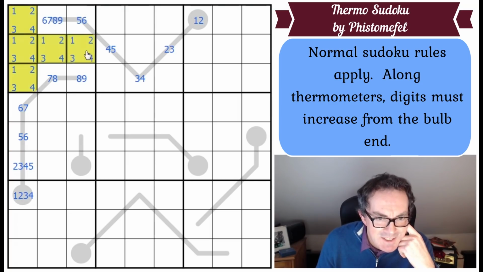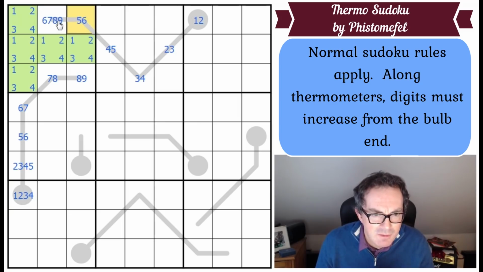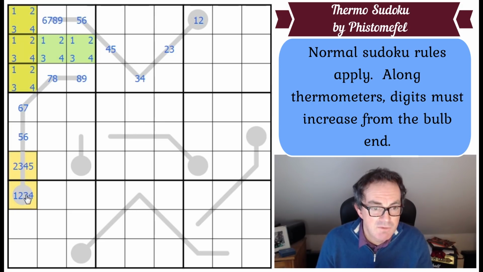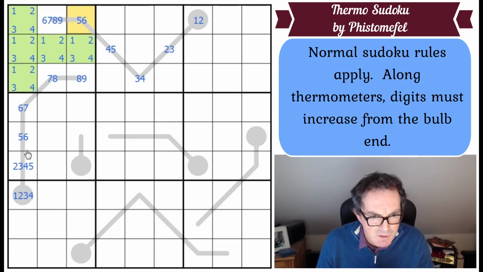There seems to me to be, if that's a 6, you then have to put all of the digits 1, 2, 3, 4 and 5 into the T pentomino here. That would actually give you a septuple. Yeah, actually that's interesting. If that's 6, you've got nowhere to put 8 and 9 in any of those squares.